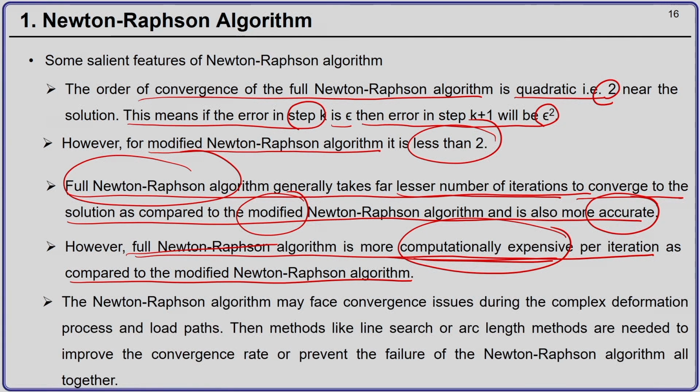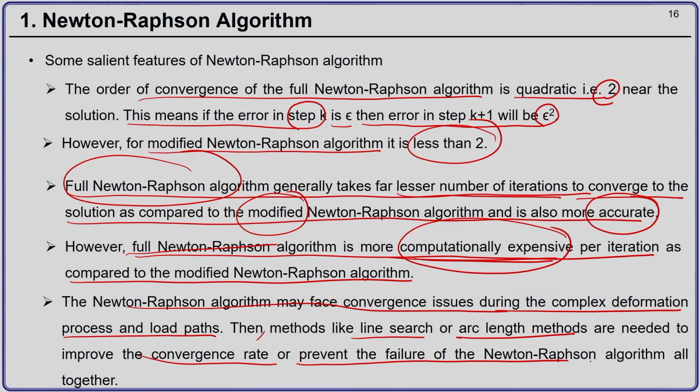Okay. Now, the Newton-Raphson algorithm may face convergence issues during complex deformation process and load path. Then what will happen? We will have to use methods like line search and arc length methods to improve the convergence rate, or to prevent the failure of the Newton-Raphson algorithm altogether. Okay.